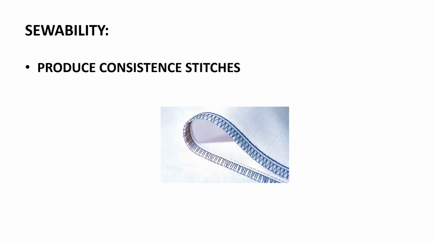And while doing so, when you are measuring the sewability, we have to produce consistent stitching. Stitches should be consistent enough. So uniformity in the stitching is very, very important in sewability. Finish also is important.